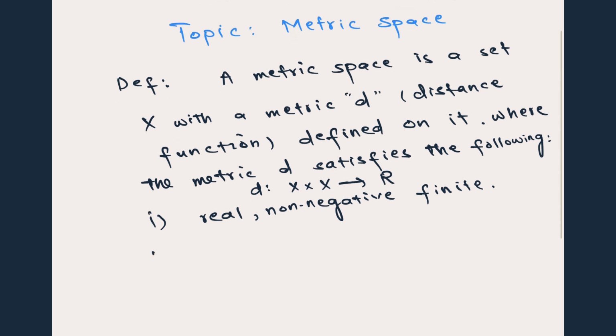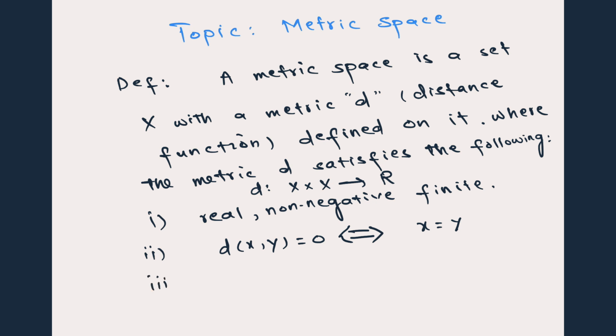The second property that it needs to satisfy is this, that if dxy is 0, then it implies that x is equal to y, and the converse is also true. If x is equal to y, then dxy will be equal to 0.